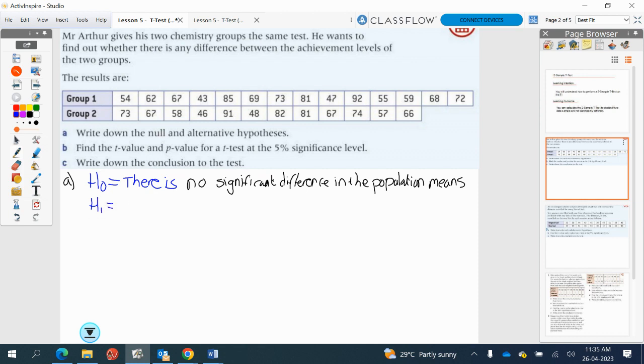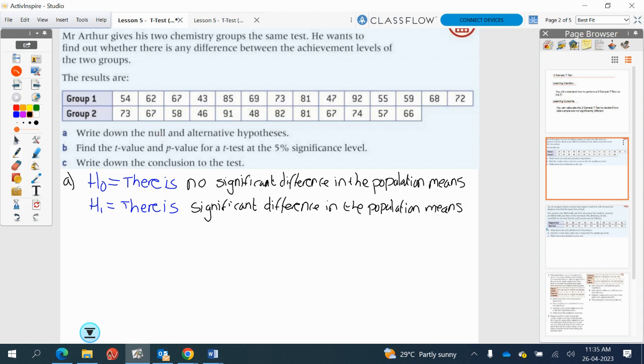The alternate hypothesis is simply there is significant difference in the population mean.